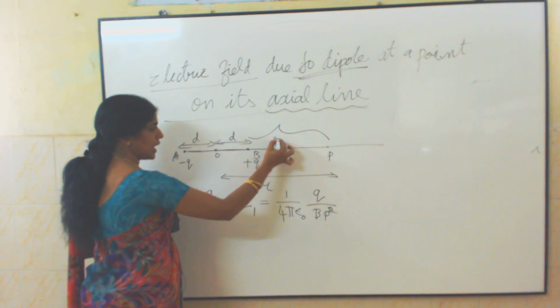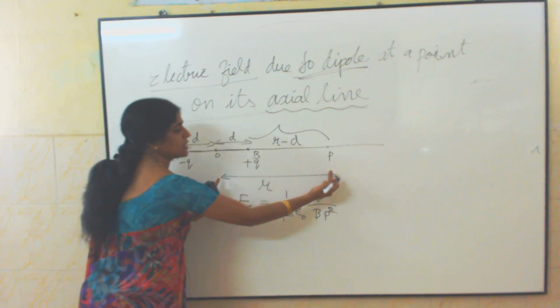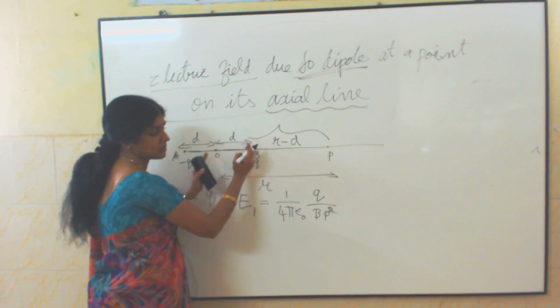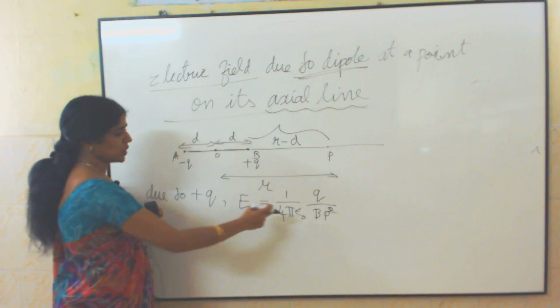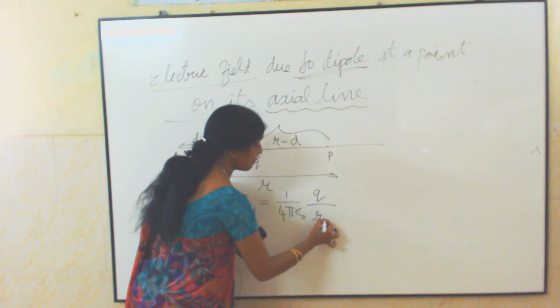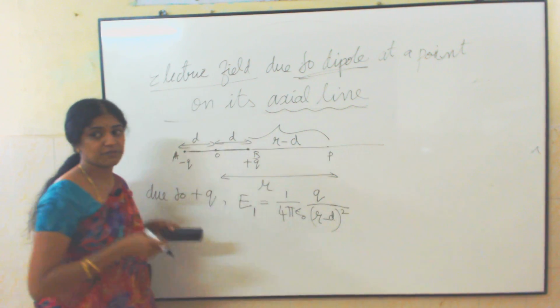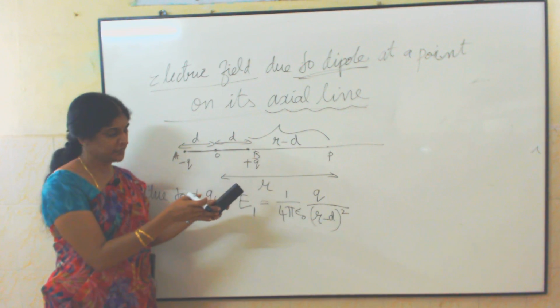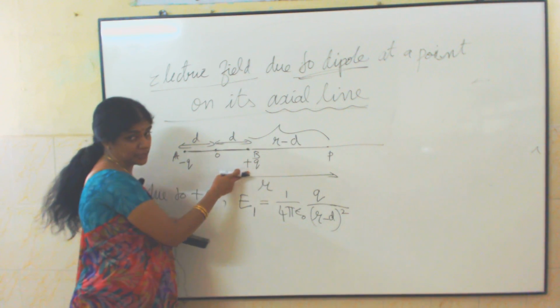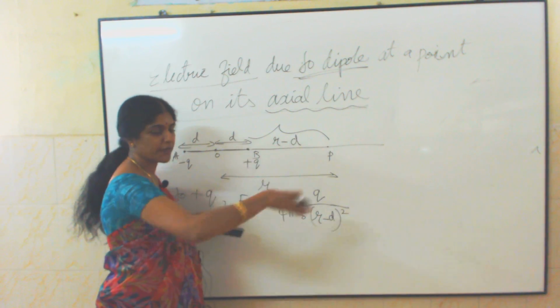Total is R. I want to subtract this distance, then only I can find the distance BP, isn't it? I can write this as R minus D. Total is R, you minus this distance, I will get the distance BP. So, here I can write BP square is nothing but R minus D the whole square. Then, I want to say in which direction this electric field is acting. Since it is a positive charge, we have already seen this electric field will be pointing away.